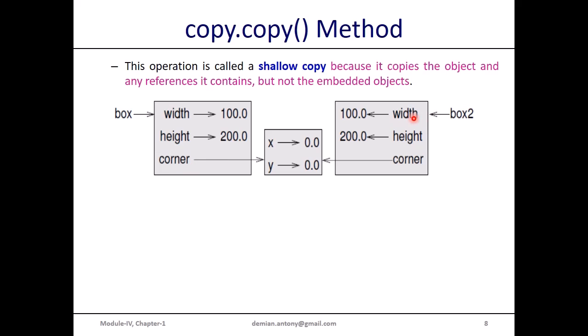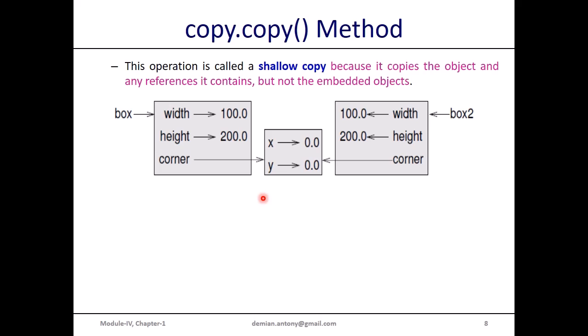And now the copy will create another copy with different attributes of width and height, but corner referring to the same point object that was created with the first object, that is the class object box. That's why we don't find multiple copies of that point object x and y.